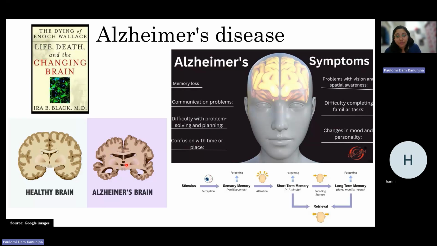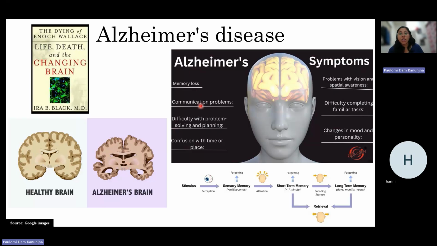So what all gets affected? If you remember, it affects your memory, it affects your cognition, and it affects your behavior. It doesn't just affect your memory, it also starts affecting your identification. So you start having problems with your cognition and with your behavior. These are the different symptoms that you see here.